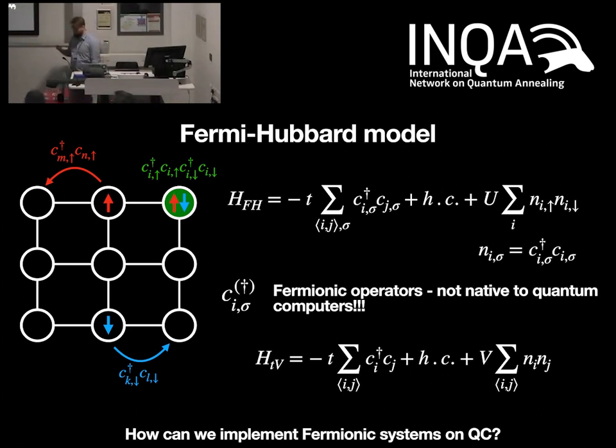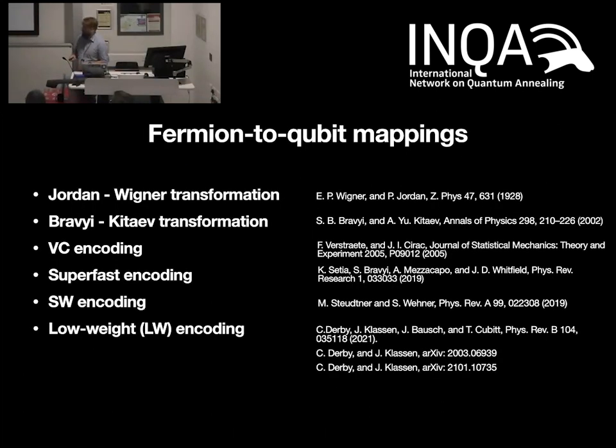So we already have a mathematical framework of commutation relationships that need to be satisfied. In standard quantum computers, you do not implement fermionic operators. So in order to make this possible, we need to employ fermion-to-qubit mappings.